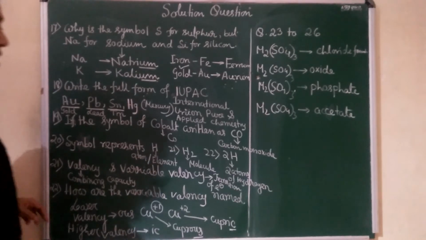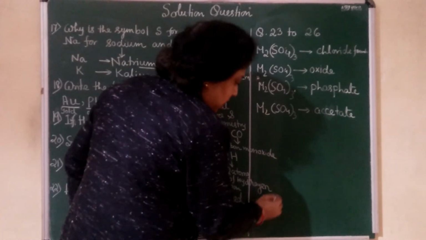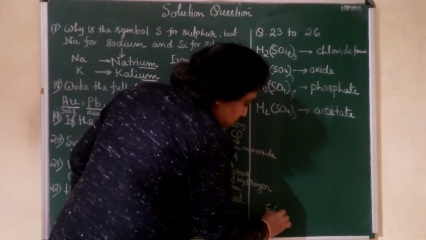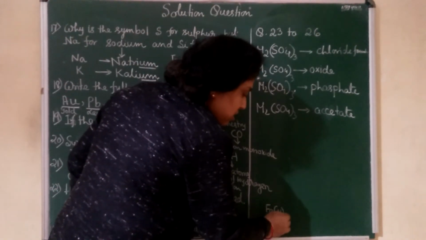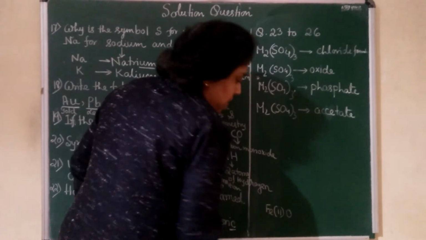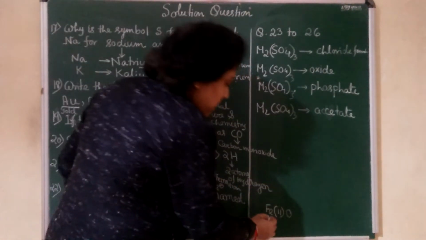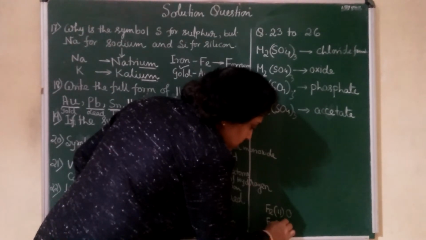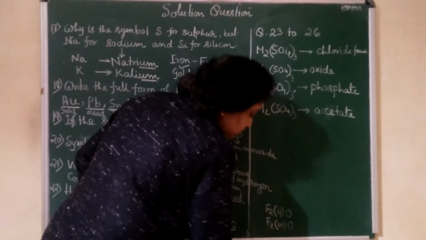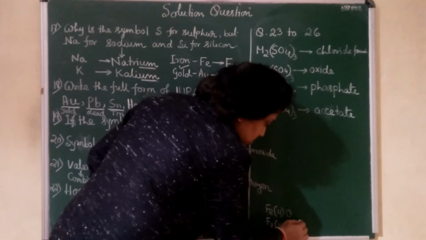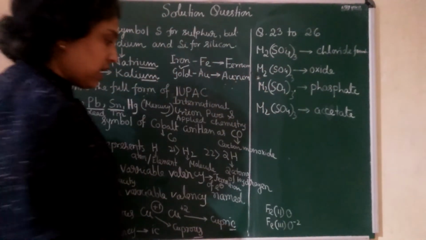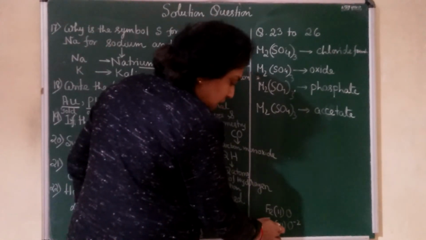Now if you write ferrous oxide, you write FeO, as it means lower valency. If it is ferric oxide, ferric means 3, so Fe2O3. Fe valency is 3, so we write bracket 3.